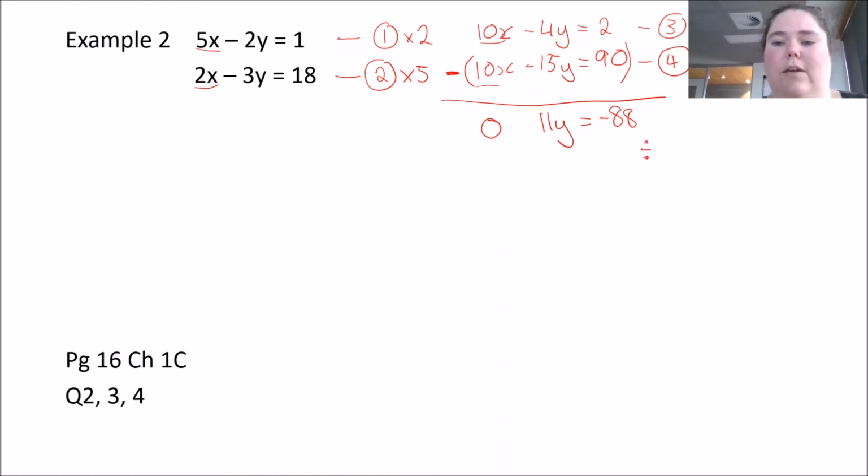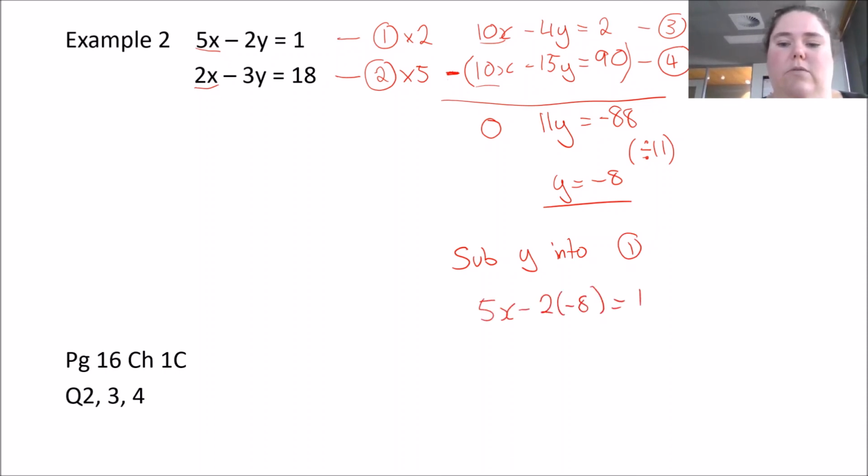So divide both sides by 11. We get y equals negative 8. Then don't forget that last step. You must get me my second value. So then we're going to sub y into, let's go equation 1. So 5x minus 2 times negative 8 equals 1. 5x plus 16 equals 1.